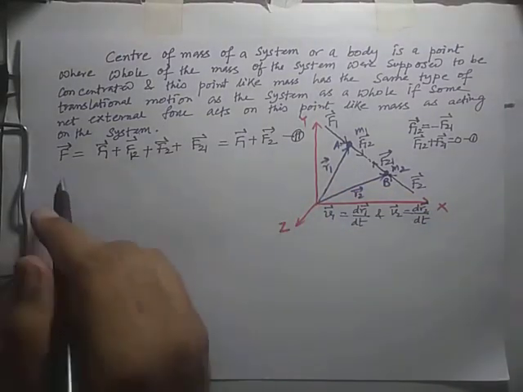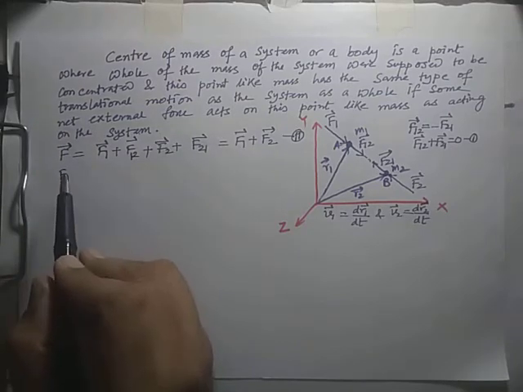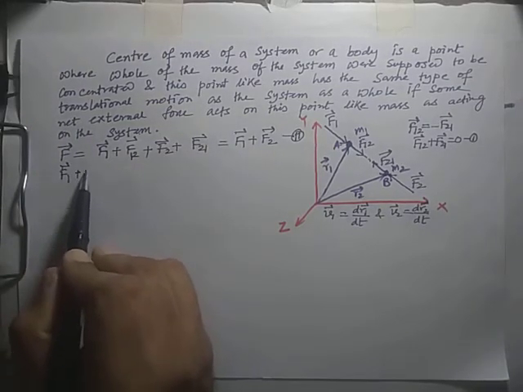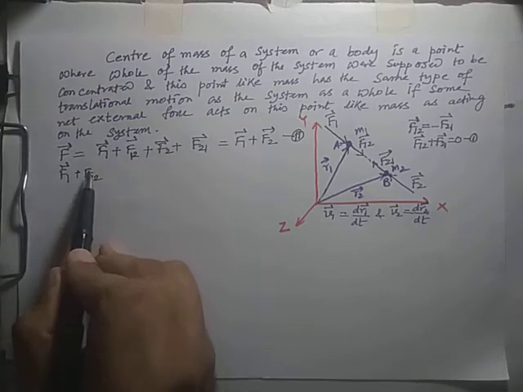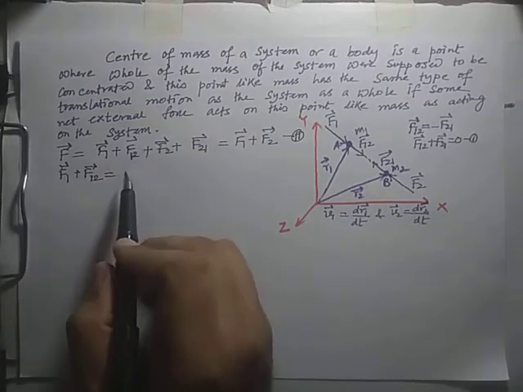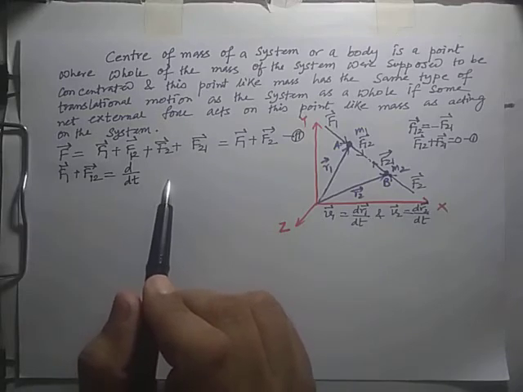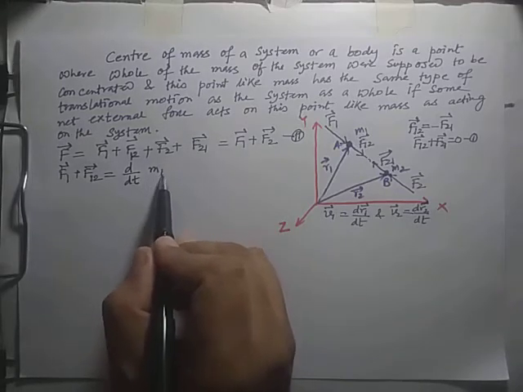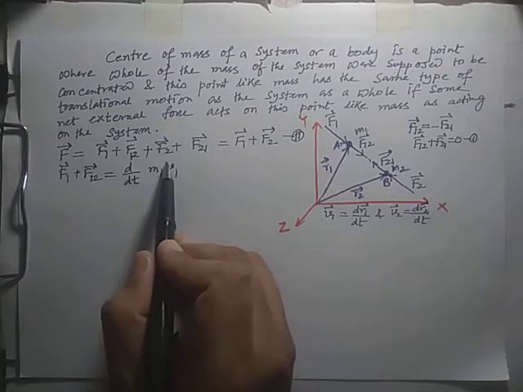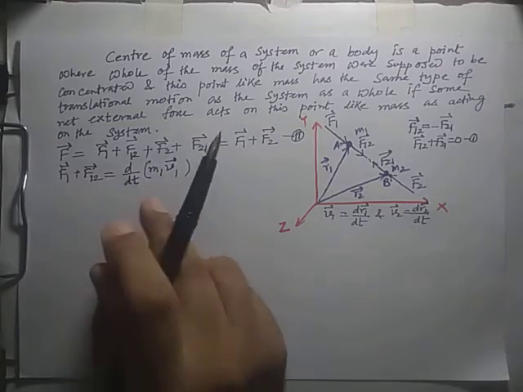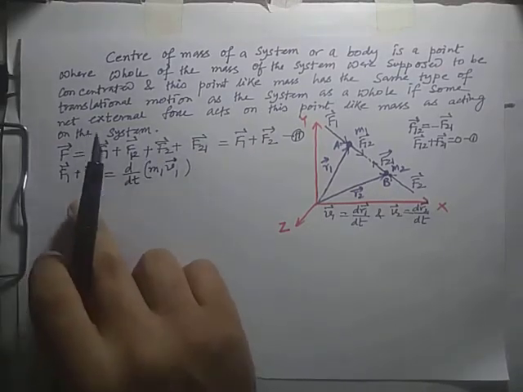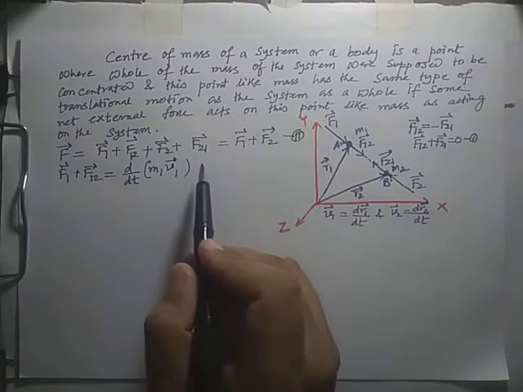According to Newton's third law of motion, you can write F1 plus F12 is equal to d by dt m1 v1. What is the meaning of this one? Rate of change of momentum. Time rate of change of momentum is force. This is equation number 3.